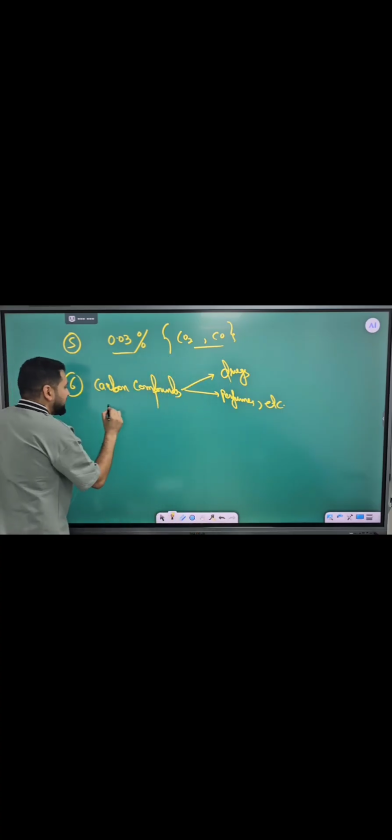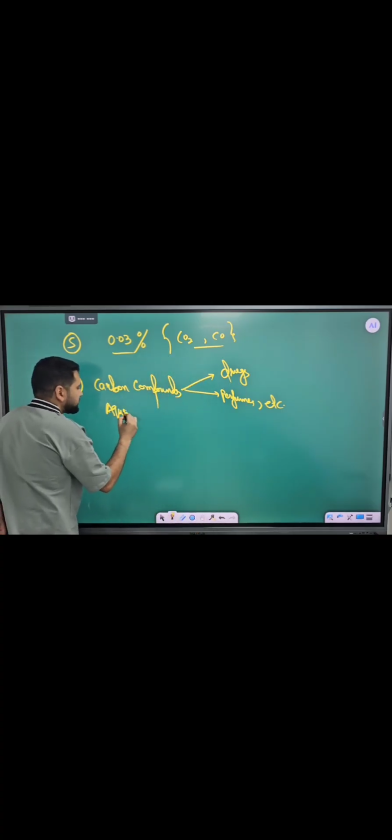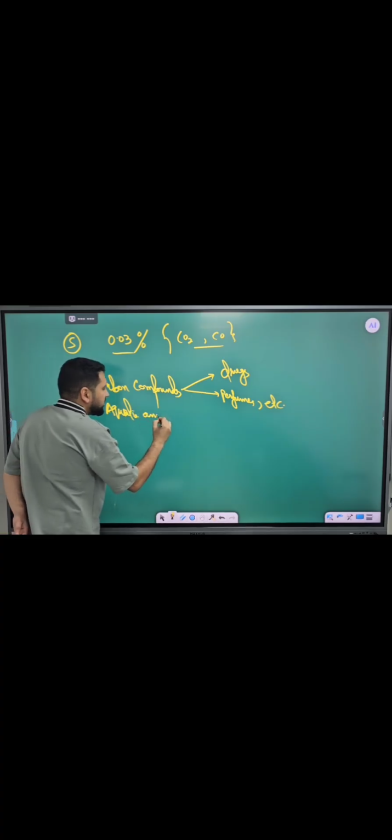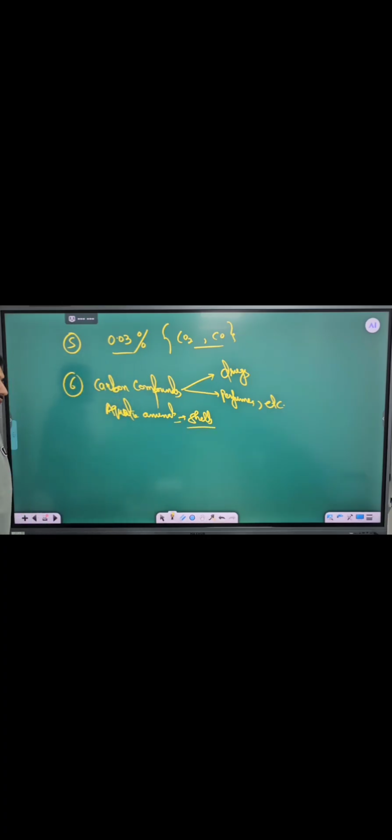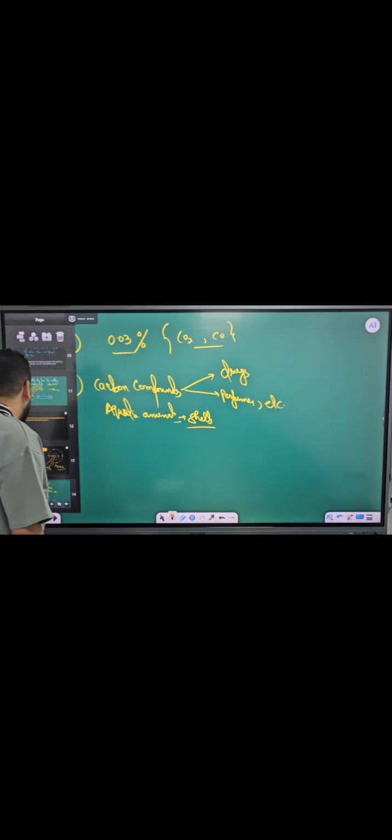For example, many aquatic animals have shells made up of carbon. That's one more application of carbon compounds. Clear? So these points are super duper clear.